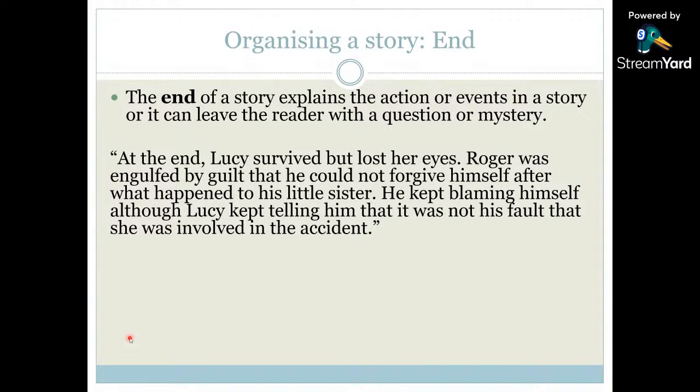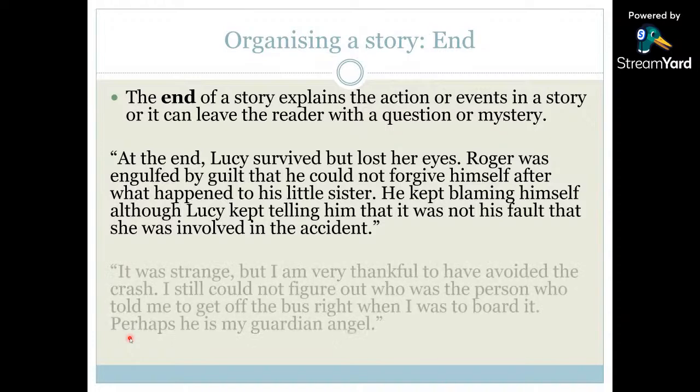Okay, sebab dia tak boleh maafkan dia selepas apa yang jadi pada adik dia Lucy. He kept blaming himself, although Lucy kept telling him that it was not her fault that she was involved in the accident. Okay, jadi yang ni kita panggil rumusan daripada cerita lah. Okay, untuk yang first example ni lebih kurang macam rumusan kepada cerita yang berlaku.